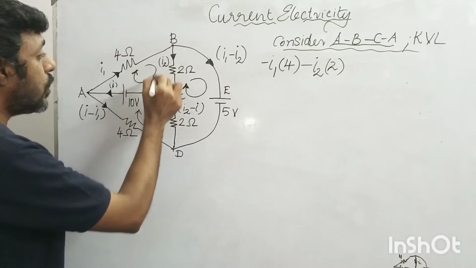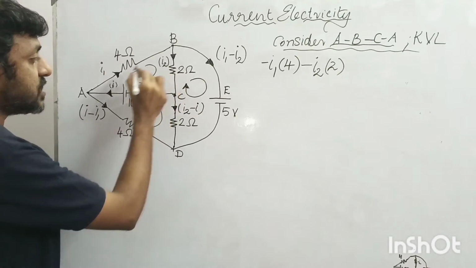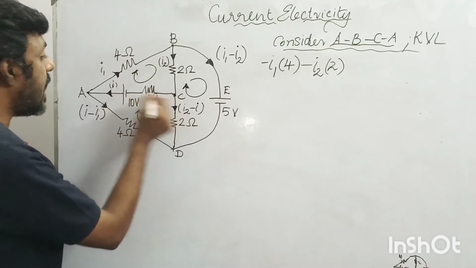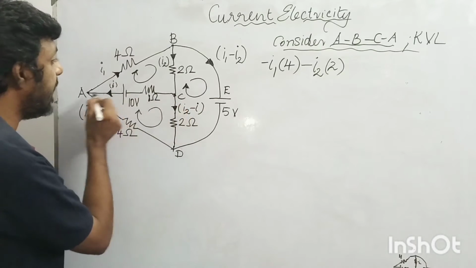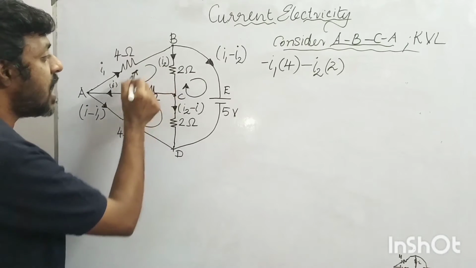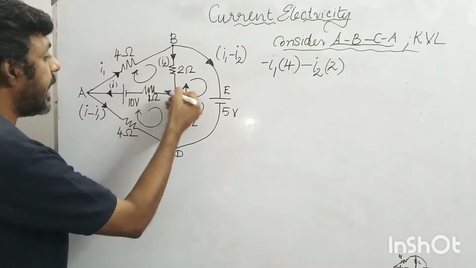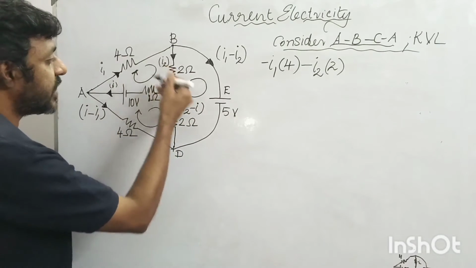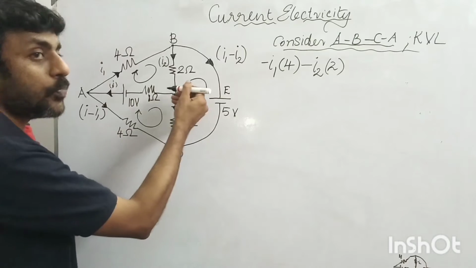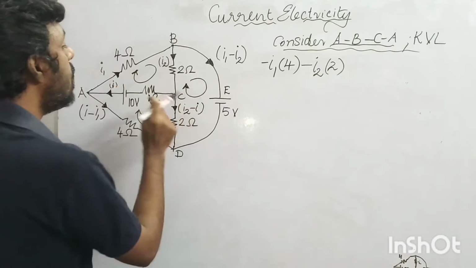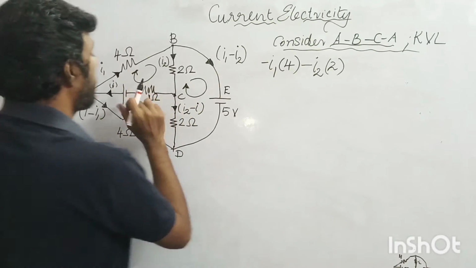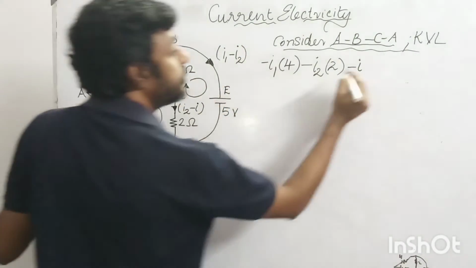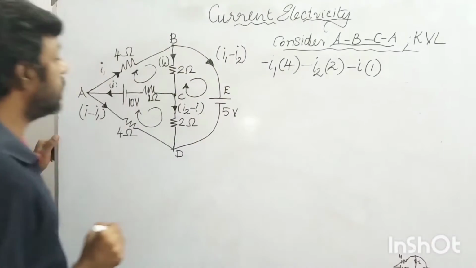Again I keep on rotating in the clockwise direction. A current I flows through the branch CA, from C to A. While traveling in the clockwise direction, I encounter a current that is also flowing along with me. So my value will be minus I into the value of this resistor into 1. You got it?